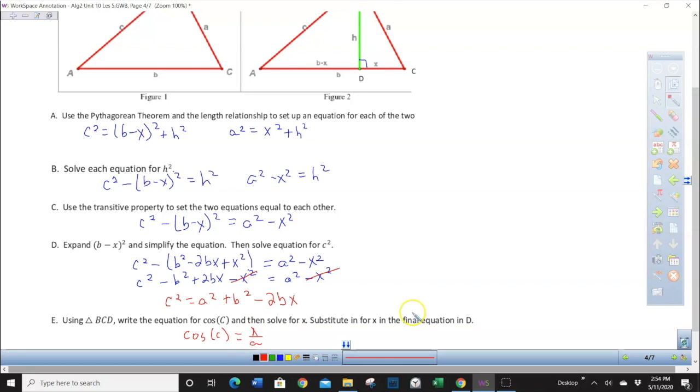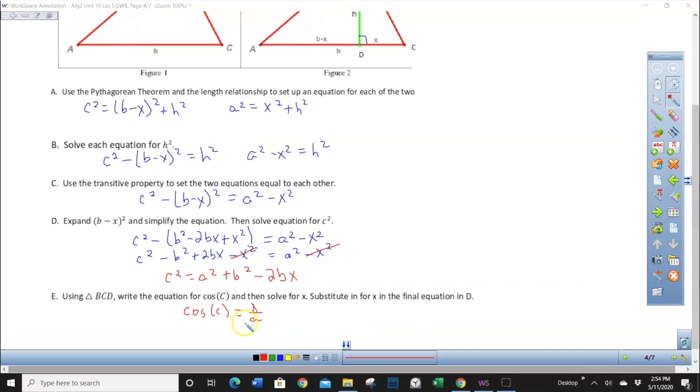And then it says solve for x. So that means we need to multiply both sides by a. So that gives me a cosine C equals x. Well, and then it says substitute for the x in the final equation.